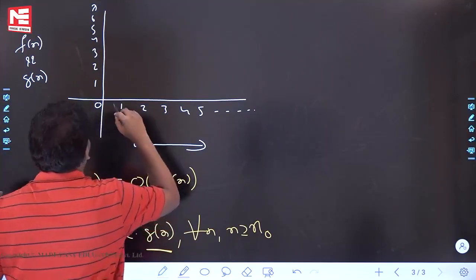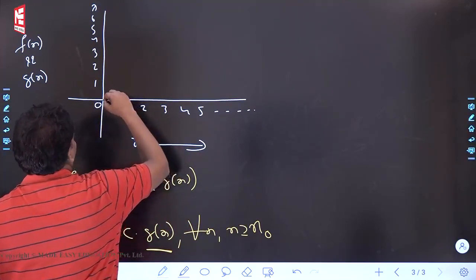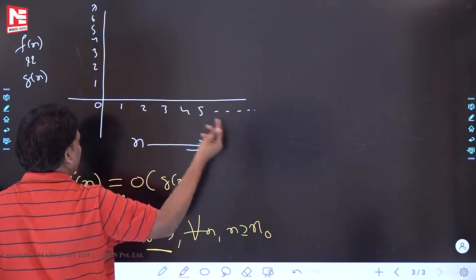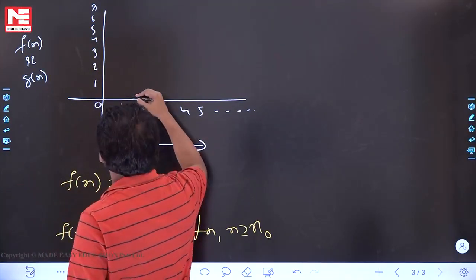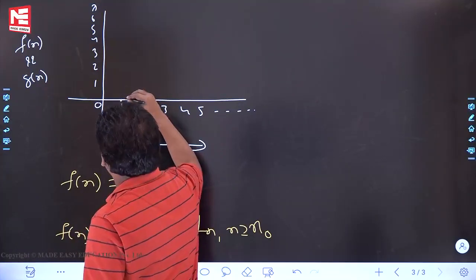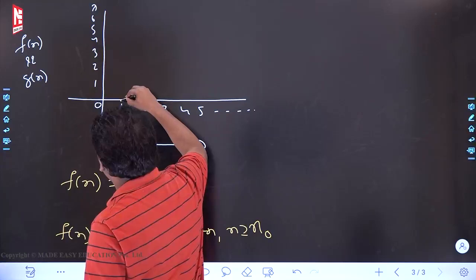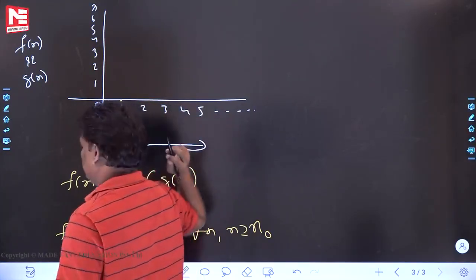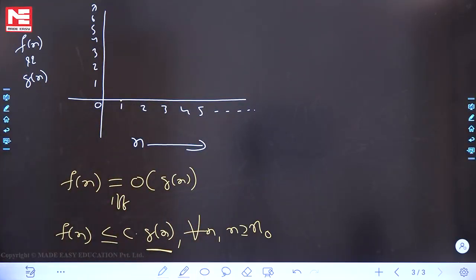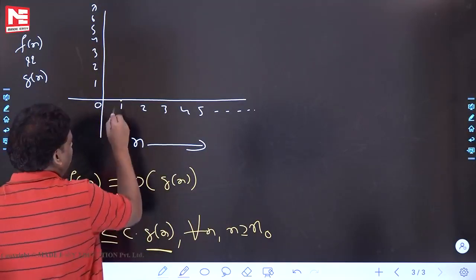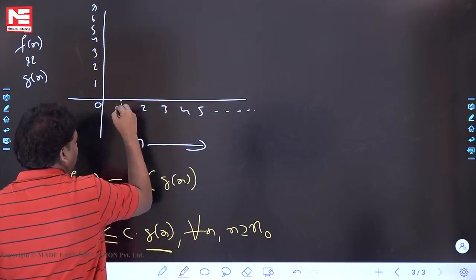See this one, right? So I think n0 is starting from 1 onwards. Let me try this one. From here onwards, if you observe, see this one. The minimum n0 value, you have to start from here onwards.